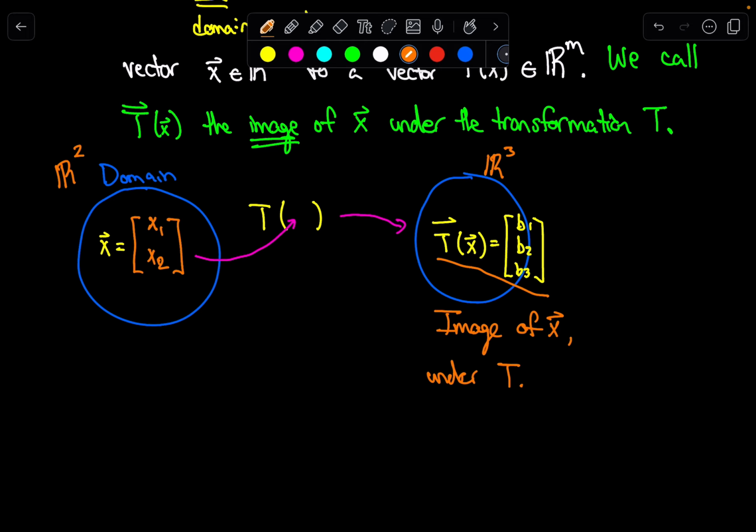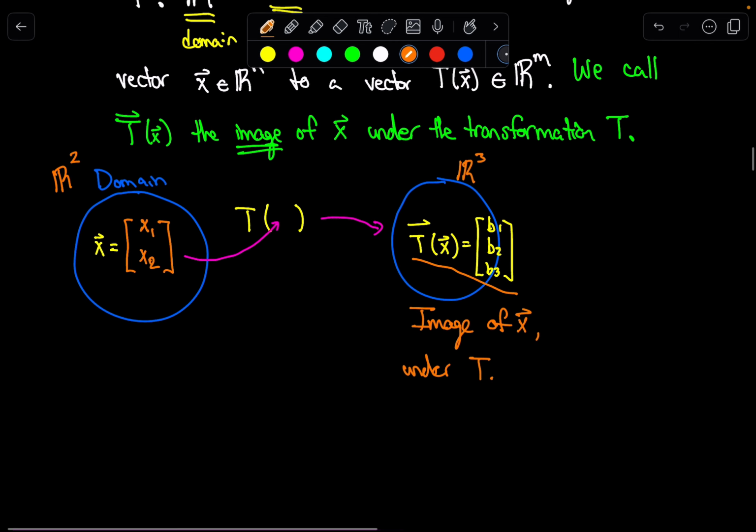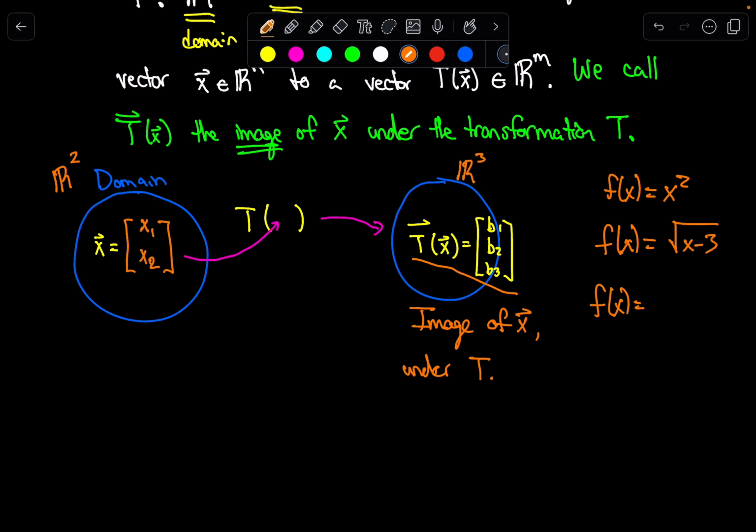Not too bad. And the way that this is typically denoted, let me back up a second. The thing that does this changing, right? Like in algebra, we have f of x equals x squared, or f of x equals the square root of x minus 3, or f of x is equal to sine of x. We create stuff. But how do you map a vector to another vector?